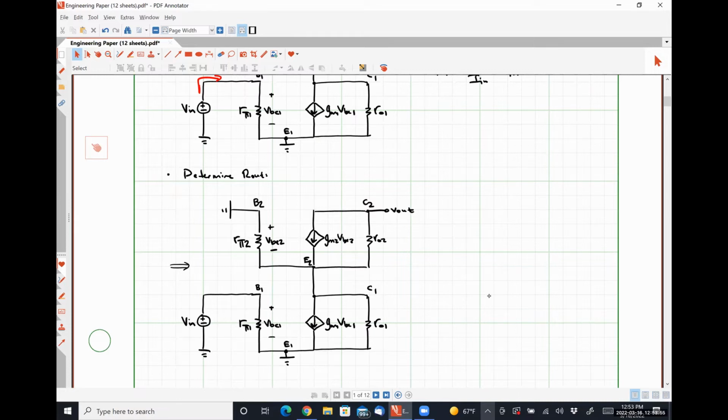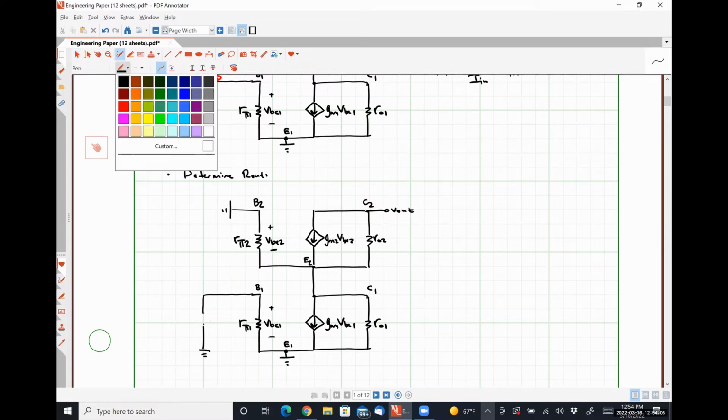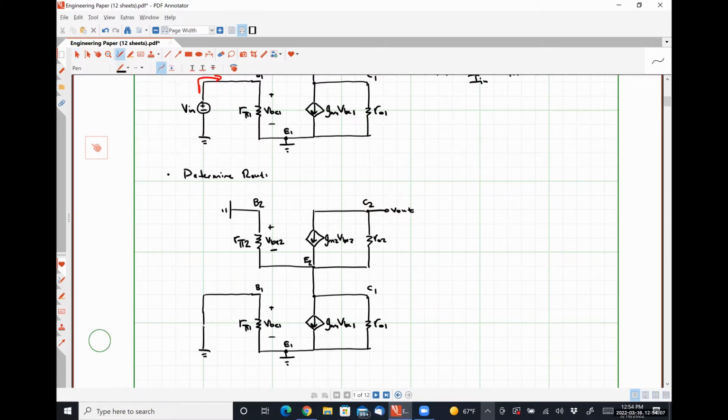Okay. So one thing that I want to point out is that when we're determining our output resistance, we short out our input voltage. And so this does look particularly nasty. I want to observe a couple of things here, okay?